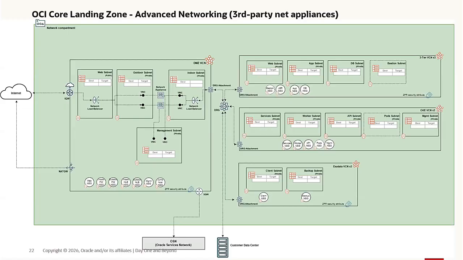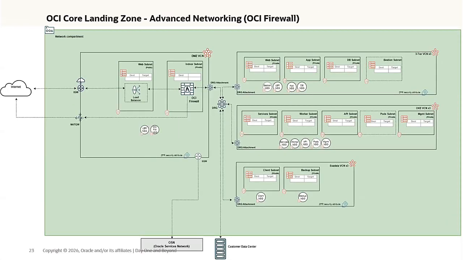And core landing zone can also deploy Palo Alto firewall and FortiGate in active mode, right? Or you can also bring your own existing pre-configured network appliance and deploy it together with the landing zone or separately as a post landing zone deployment step. Or you can also deploy the OCI network firewall, which is a managed service provided by OCI with built-in redundancy.